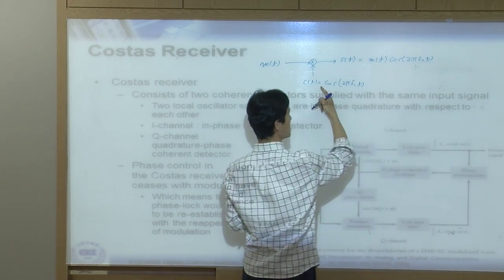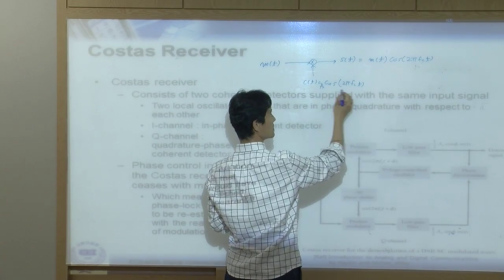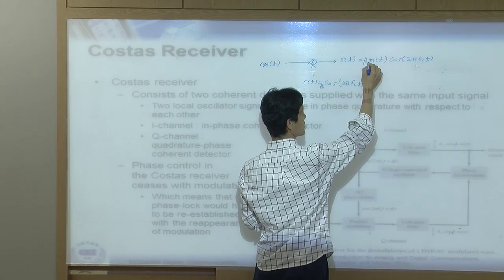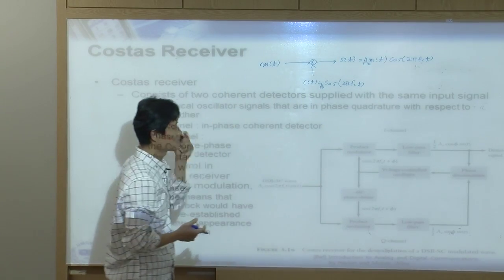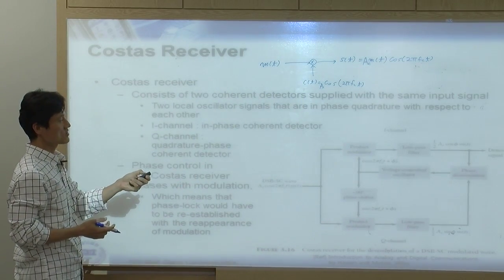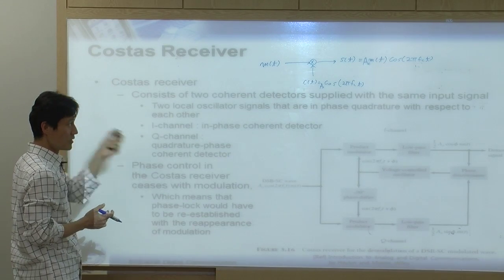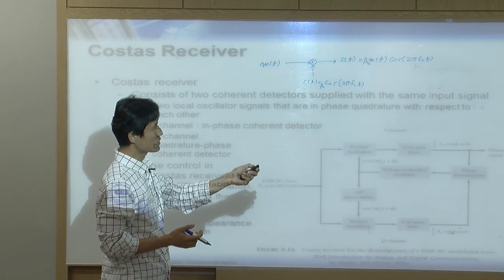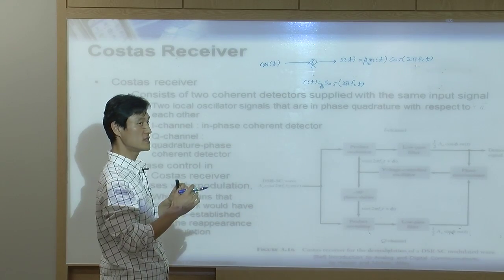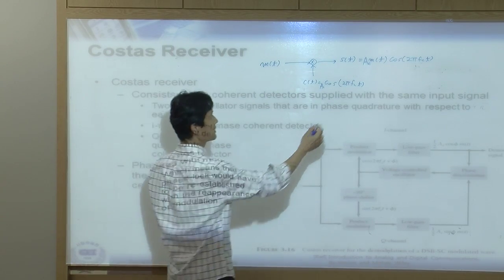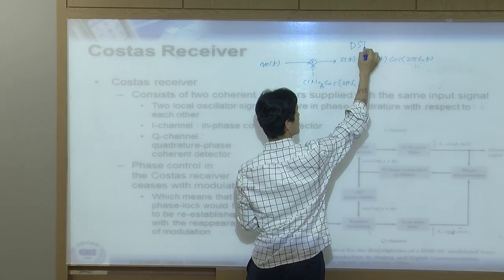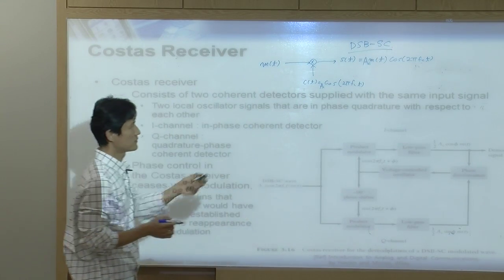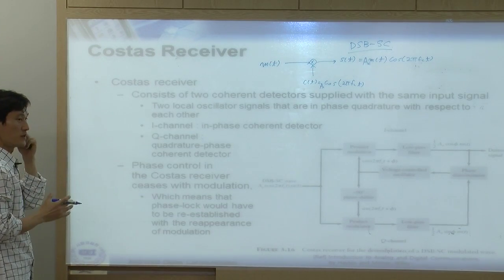Sometimes you have a carrier amplitude A_c like this, sometimes you don't, it doesn't matter. This A_c is just a constant. Your message m(t) is multiplied with a cosine carrier. That is the message you are transmitting in DSB-SC, double sideband suppressed carrier. That's the transmitter, very simple.